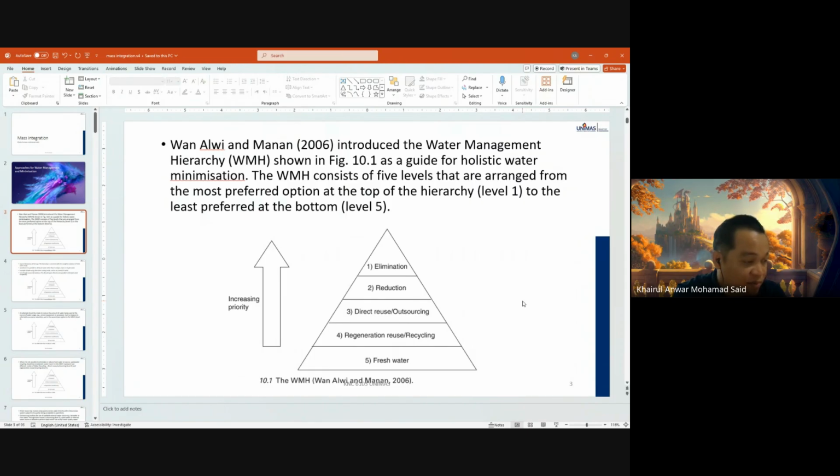So this involves optimizing existing operation, such as fixing leaks and improving the control logic. So meaning one way to reduce the water usage is to reduce the water itself.